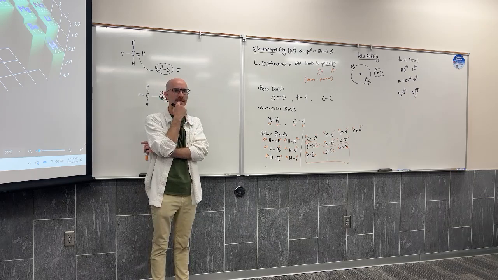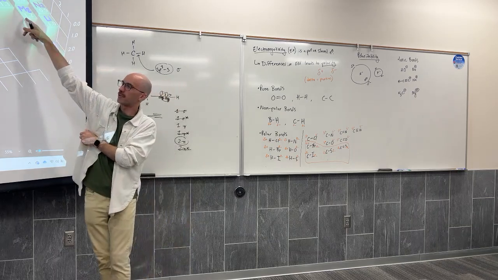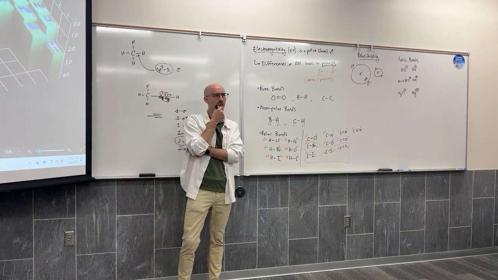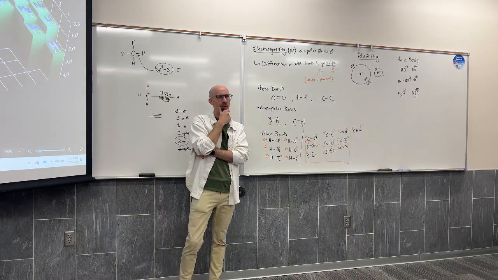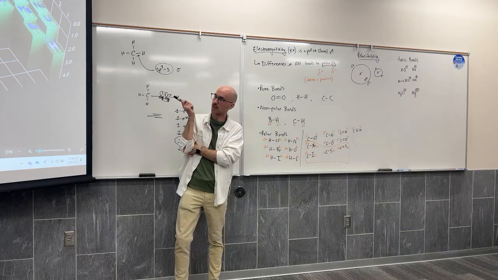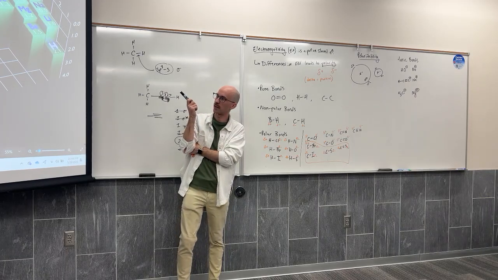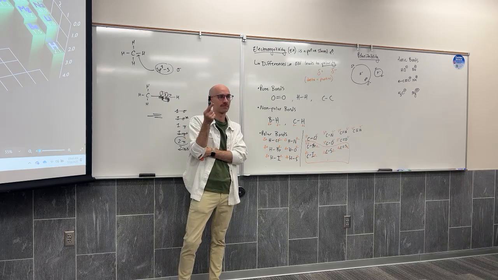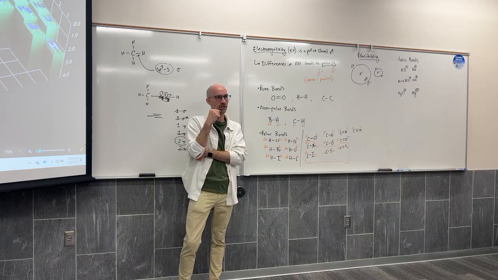So carbon-magnesium bond, 1.2 to 2.5. That gives me a difference of, I don't know, my math is really going slow in my head, 1.3. Okay, so also ionic, yeah?